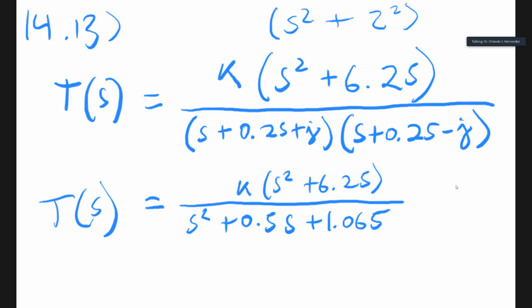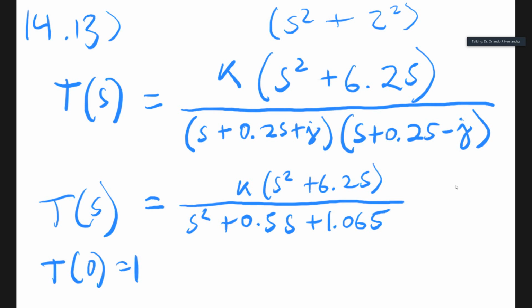We have to find K, and we were given that the gain at DC was unity. So we have that information, okay?